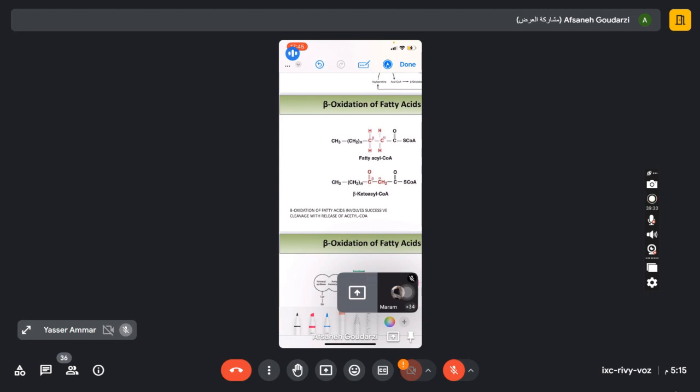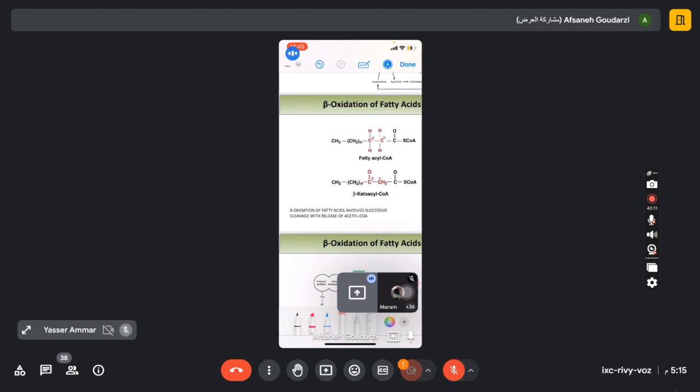If the fatty acid has an odd number of carbon, for example 17 carbon, we do not only produce acetyl-CoA, because we will produce several acetyl-CoA. We will also produce one propionyl-CoA. Propionyl-CoA has 3 carbon.